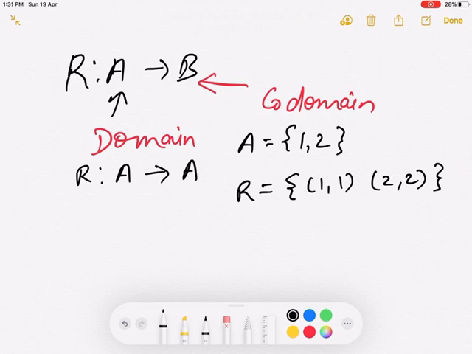Any other combination of ordered pairs in which both entries come from A will also be a relation from A into A. This is also known as a binary relation, and it is called a relation on A.